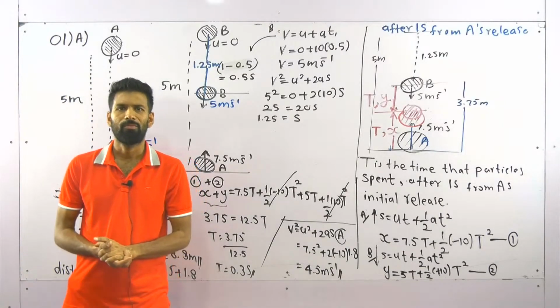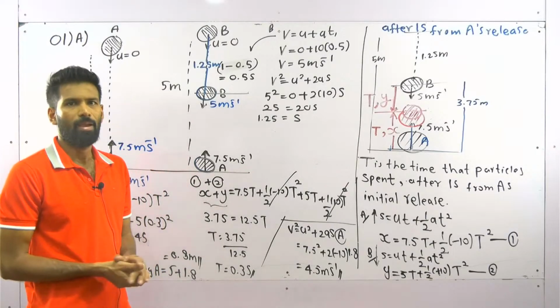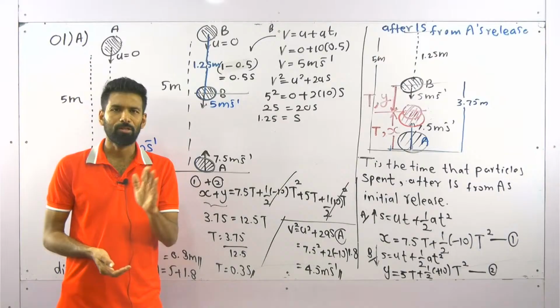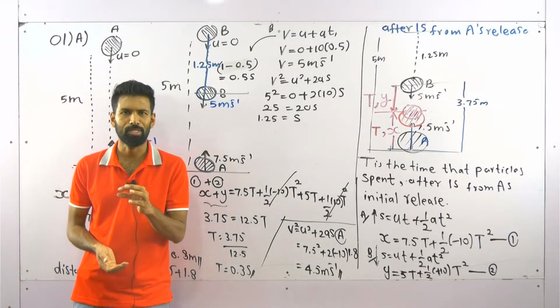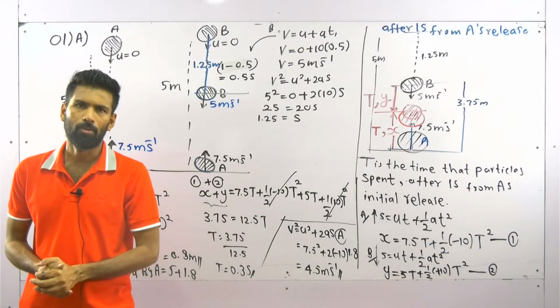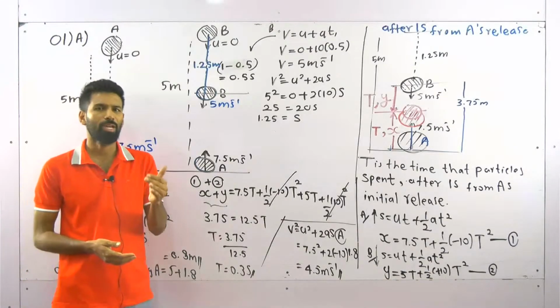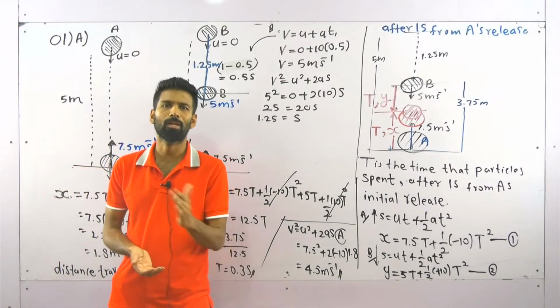That was the first two questions that you were asked. Then what happened? After 0.5 seconds from A's initial release, another particle B was released from the same initial point. A took 1 second to reach the ground.